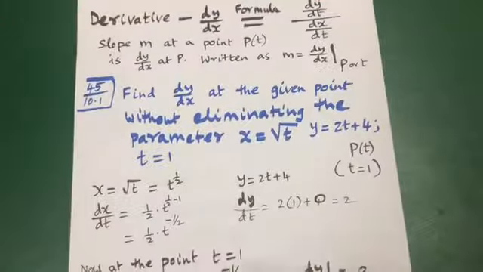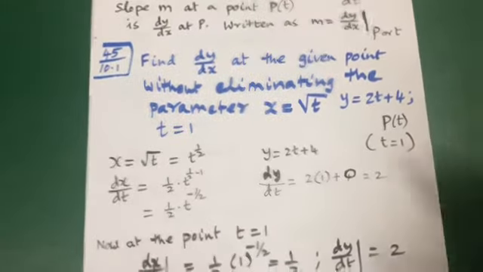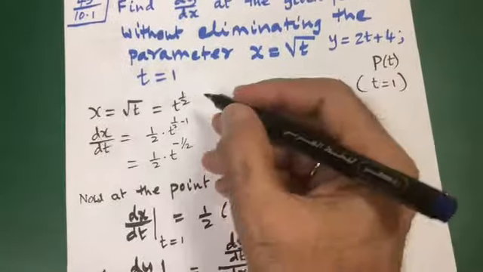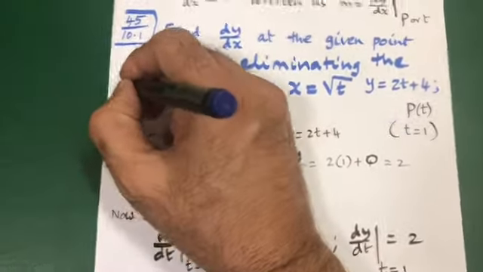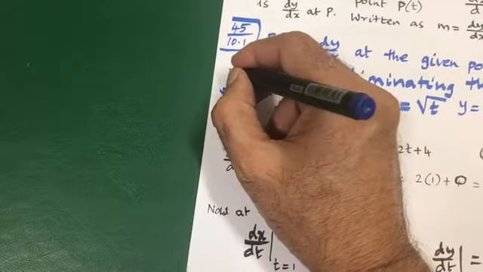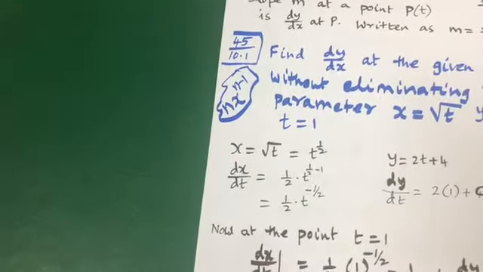I repeat, when this is given, the formula for the derivative is n multiplied by x power n minus 1. This is the formula which we have studied for the derivative. So this we usually say in Arabic.